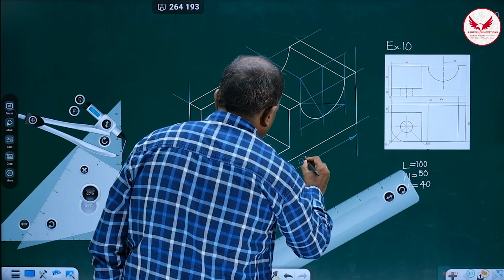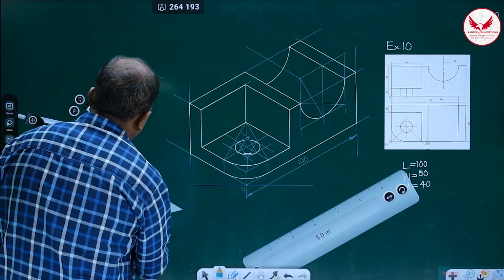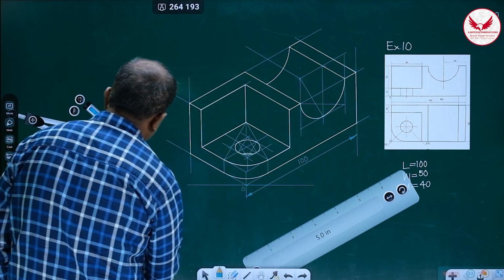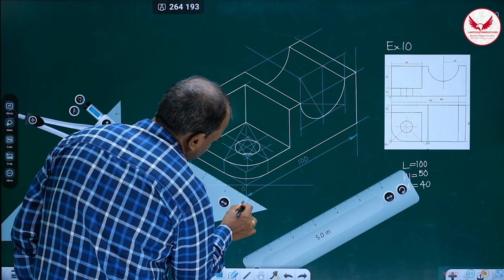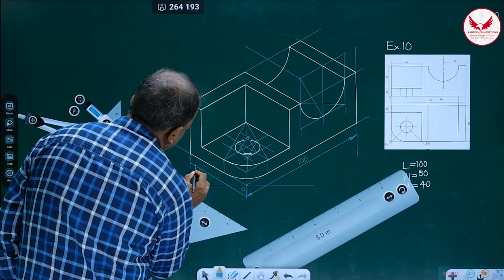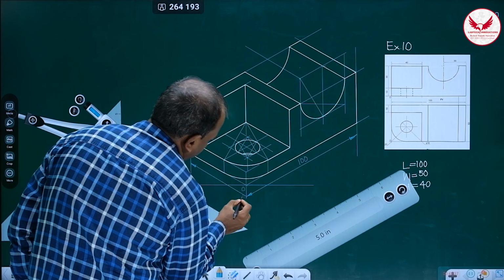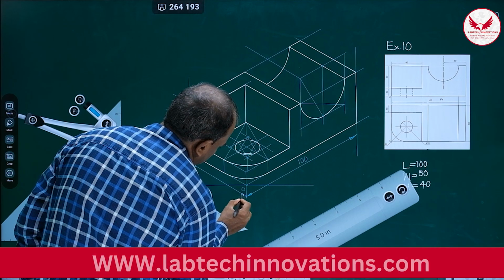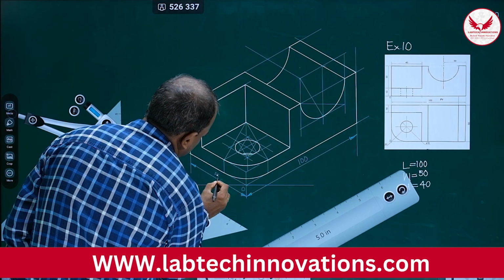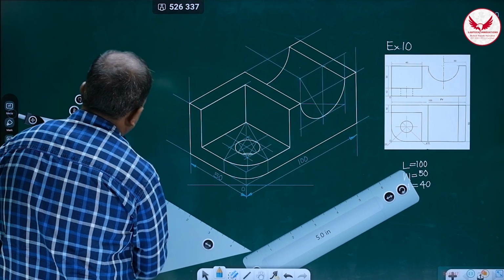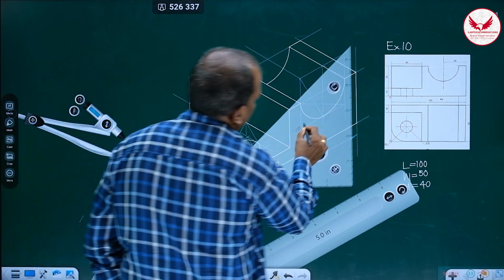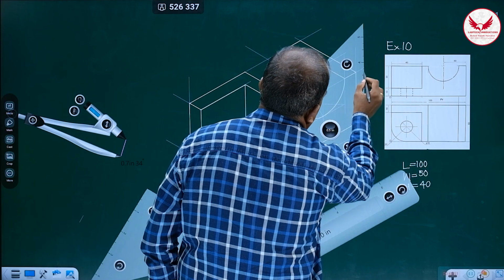Centrally placed, neatly written. Then its width is going to be 50. Fill the arrow and centrally place 50. And finally height.